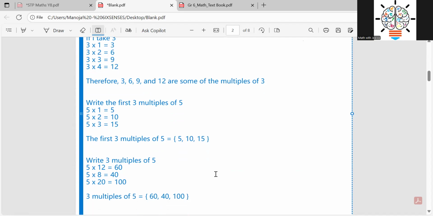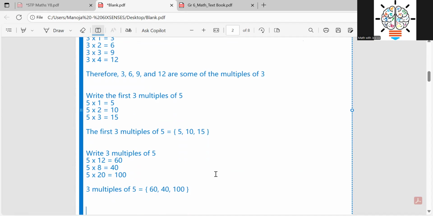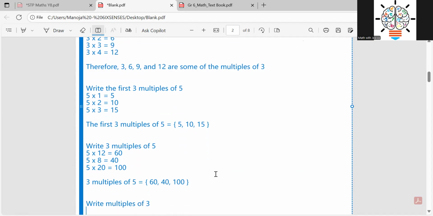Another way you can have the question is: write the multiples of 5. They have not given a number of multiples. In that case, how do you write that?